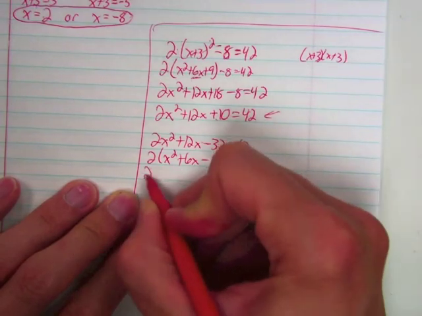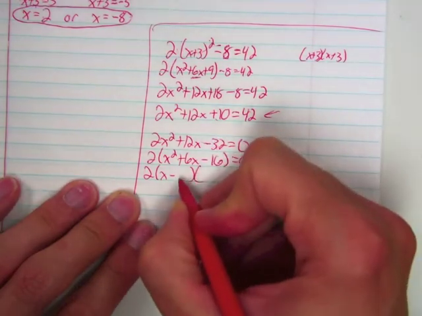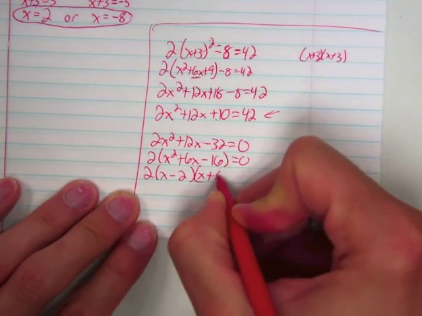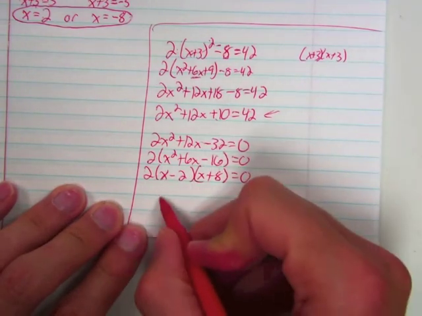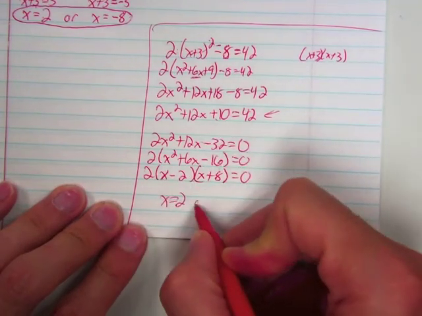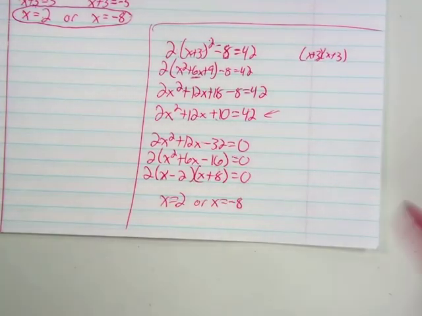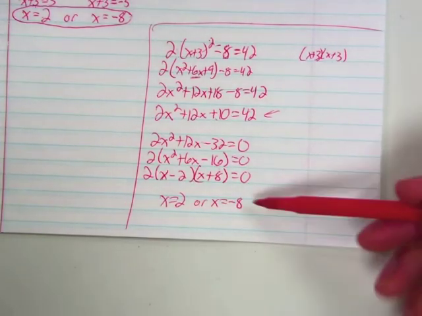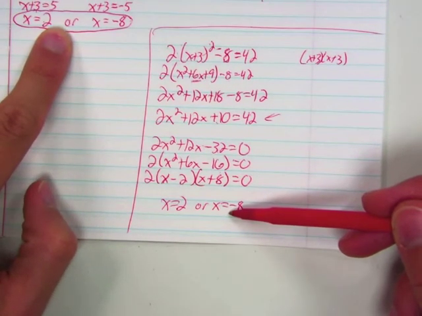So I have this 2, and then this actually becomes an x minus 2 and an x plus 8 equals 0. And so then x equals 2 or x equals negative 8 based on your solving by factoring that you've learned about. Same answers, different process.